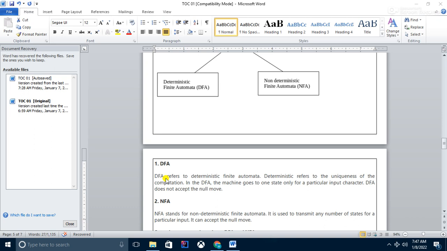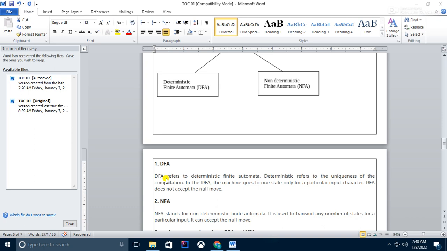But in case of non-deterministic finite automata, on a particular input symbol, there may be more than one move from one state to another state. It can move from one state to more than one state.